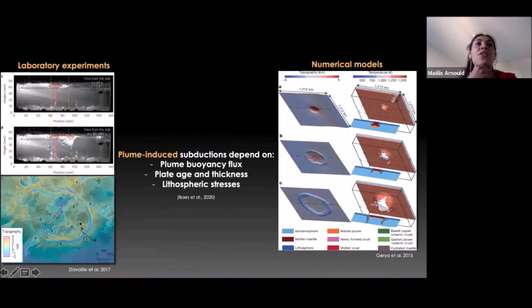And if we search for different modes of subduction initiation in the literature, we find that mantle plumes can cause subduction zones, depending on several parameters like the plume buoyancy flux, the plate age and thickness, or the lithospheric stresses. But all these models limit themselves to the first stages of the initiation of subduction by plumes, and we wanted to see if those subductions could evolve over long time scales.